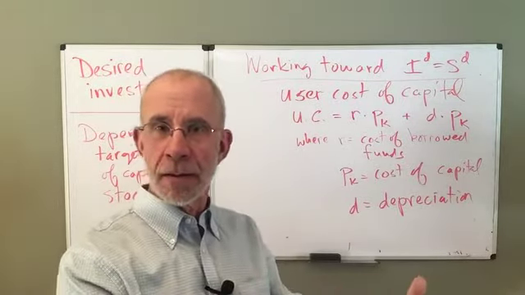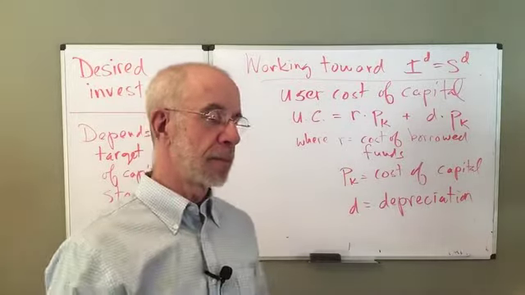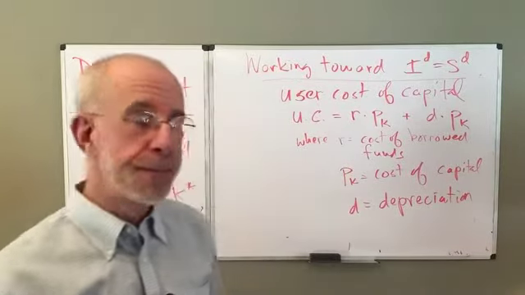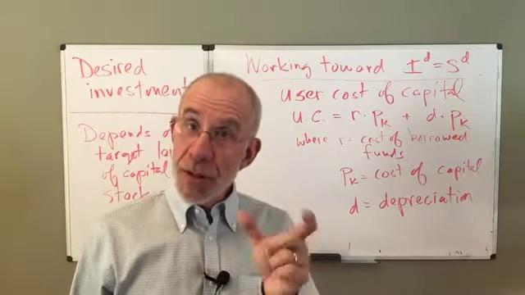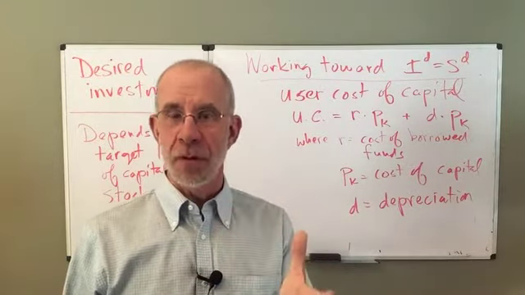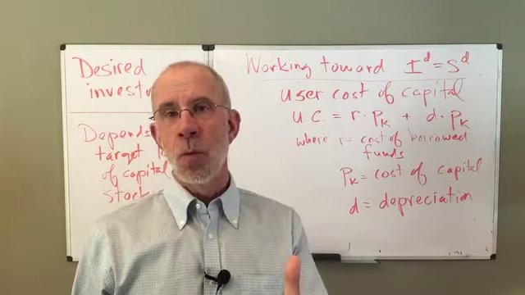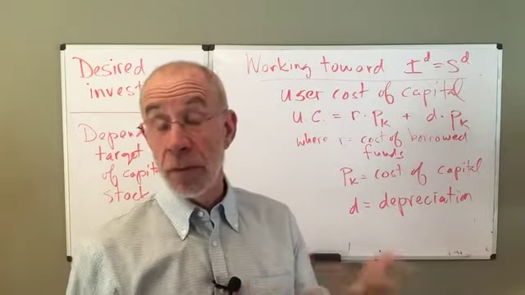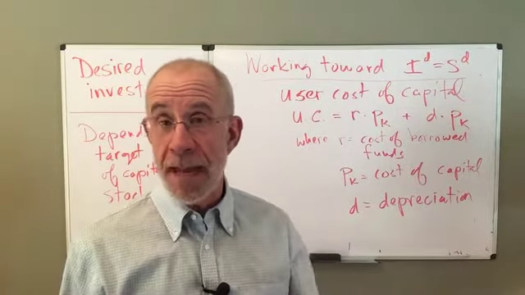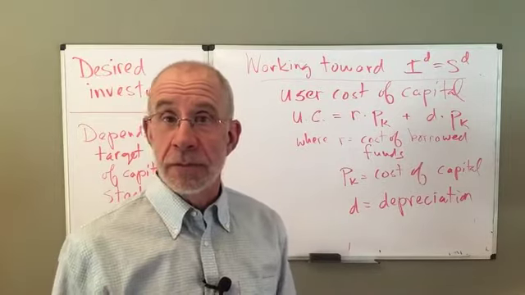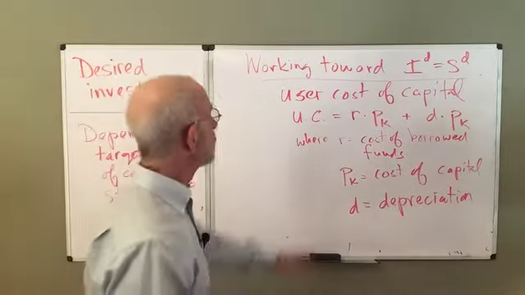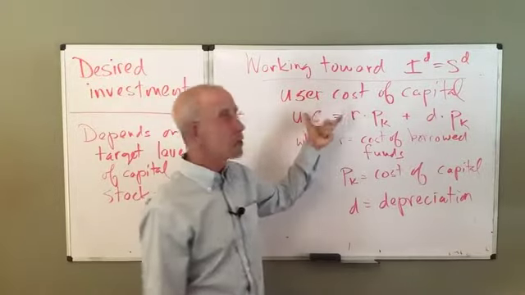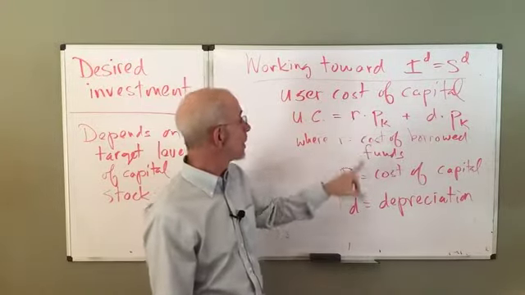They've got to go out to borrow the funds. And we're also going to take into account that there's depreciation in the value of capital as the capital gets older and it's not as efficient as it was to start with. So we've got this concept of the user cost of capital, which has two components.